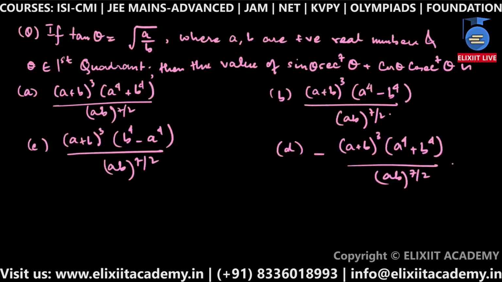Let's simplify this. This is quite simple. You have tan theta is basically root A upon root B, and A, B are positive real numbers and theta is in the first quadrant.